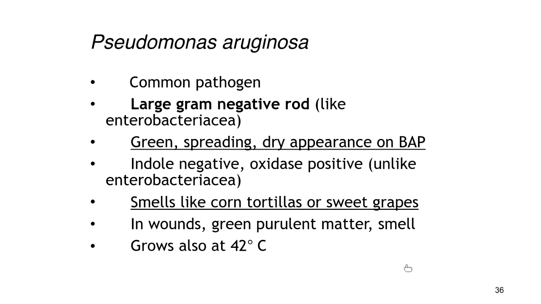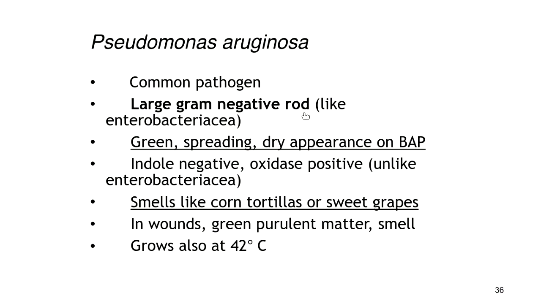And we're up to, I believe, the last slide on this one. We will be ending here with Pseudomonas aeruginosa, A-E-R-U-G-I-N-O-S-A. This is a large gram-negative rod, very similar to an Enterobacteriaceae.